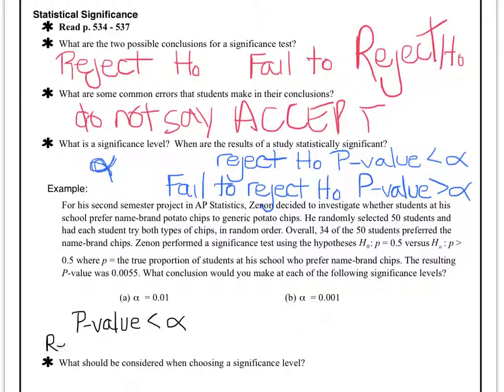Okay, so I would reject the null because the p-value is less than alpha. And then I would say in a complete sentence with context these words. There is convincing evidence that students at Zenon's school prefer name brand potato chips.